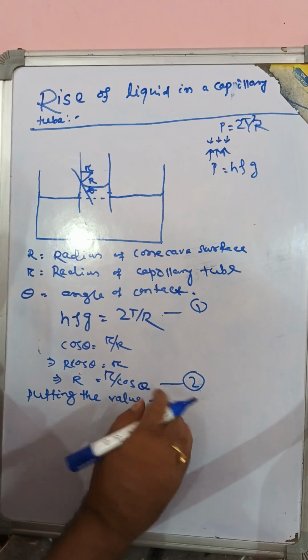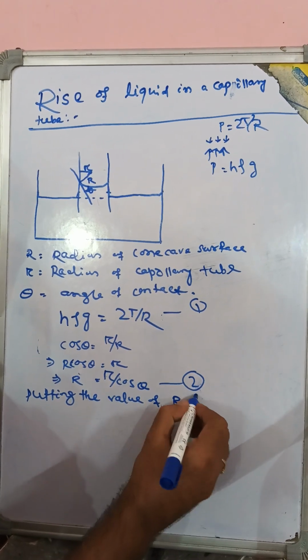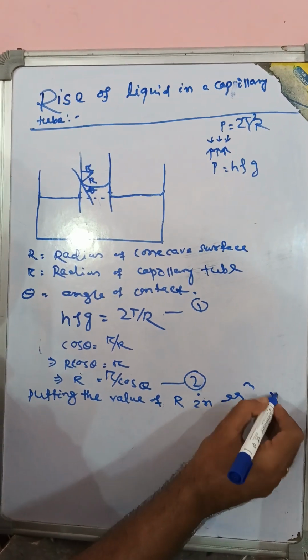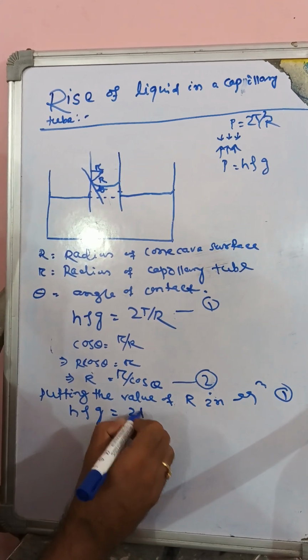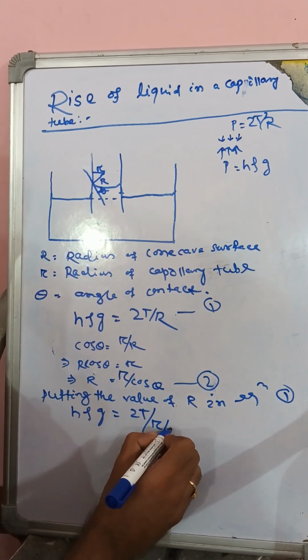Putting the value of R from equation 2 in equation 1, h rho g is equal to 2T divided by r by cos theta.